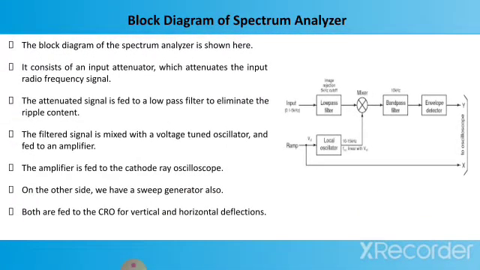The filtered signal is mixed with a voltage tuned oscillator, a local oscillator, in a mixer and it is passed to the band pass filter and then to an amplifier. The amplifier output is fed to the cathode ray oscilloscope. On the other side we have a sweep generator also. Both are fed to the CRO for vertical and horizontal deflections.